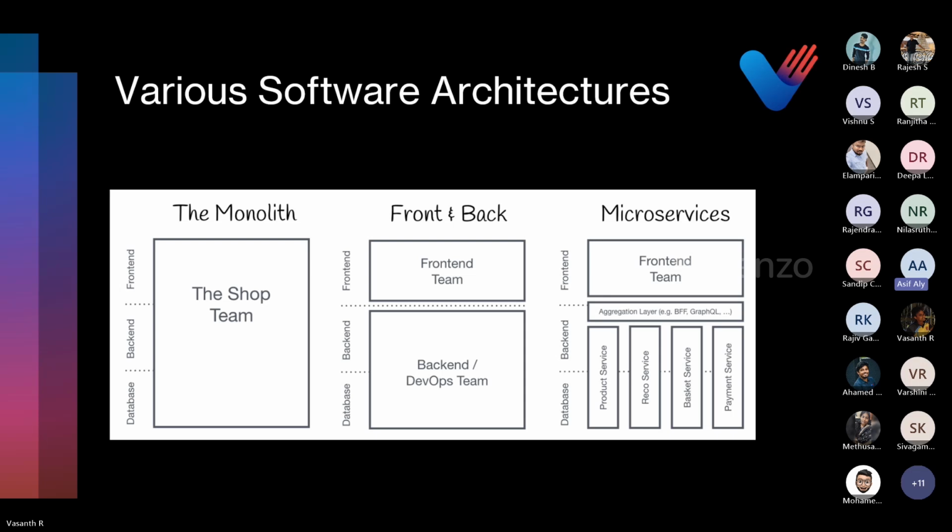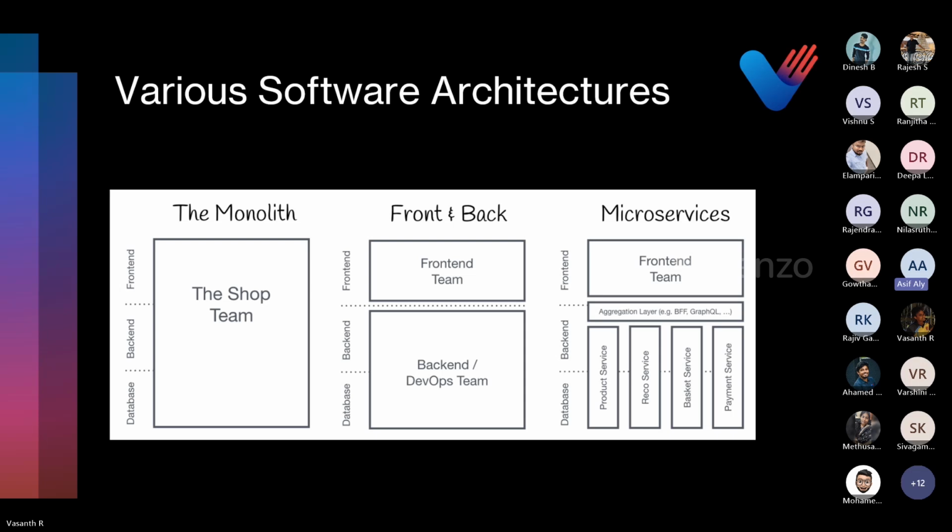But typically, if you take a product, most products will go through this life cycle. Some products, from the start, for example, let's say Hotstar, where there are going to be millions of users who log into the system and work simultaneously, will decide in the beginning itself that they want to build this product in a microservices architecture.